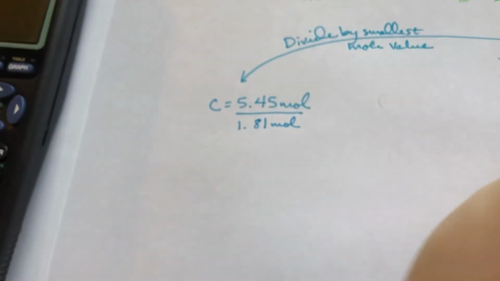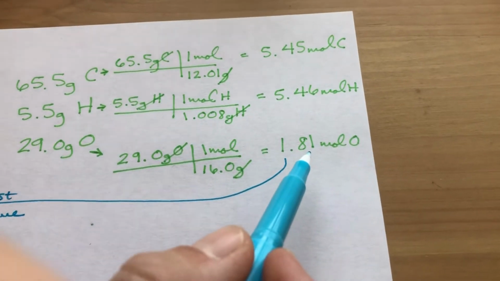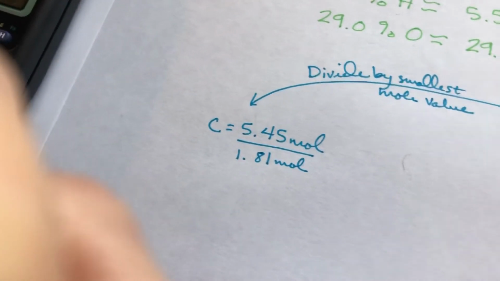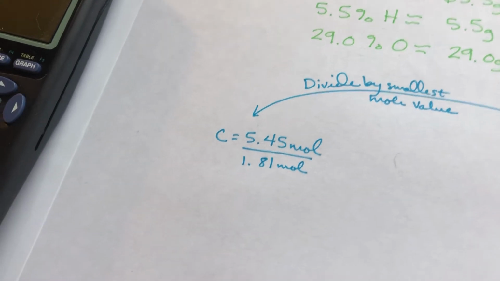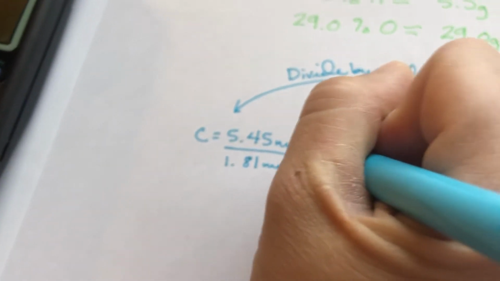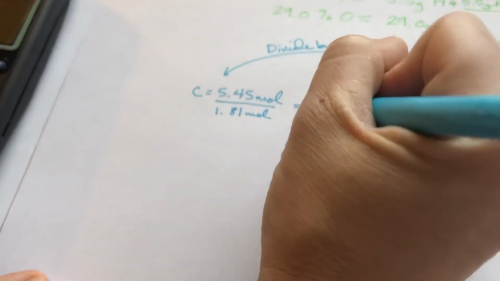You asked where I got that from. I got it from over here where I got my molar values. Remember, this was the smallest one, that 1.81. All right, so if I take 5.45 divided by 1.81, that gets me pretty close to a whole number, 3.011. So that's pretty much 3.